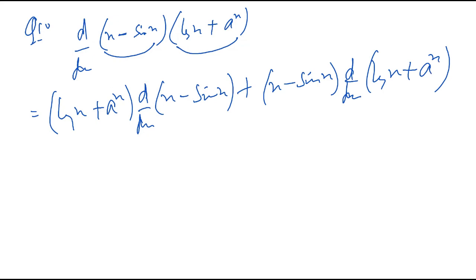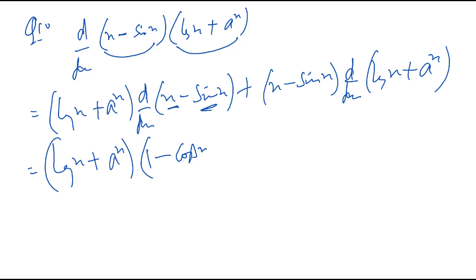Now, (log x plus a raised to power x), and here if you differentiate x, you will have 1. Differentiating sin x gives 1 minus cos x, plus (x minus sin x) will remain as it is because this is the g part. Now it is the f(x) part, x minus sin x, and you have to differentiate the part inside.